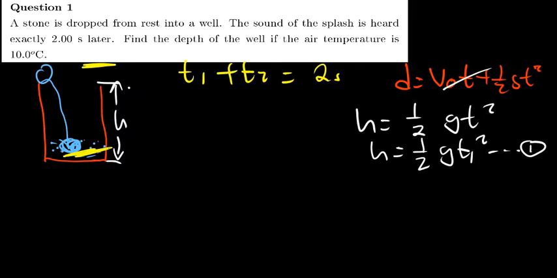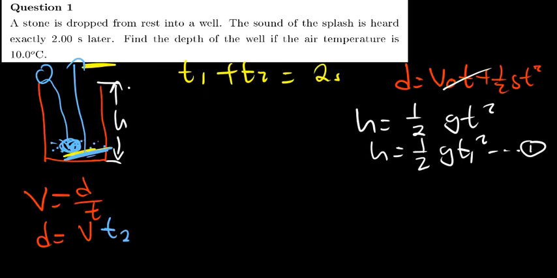Again, the speed of sound in this case, we do know that the velocity is given by distance over time. Now in this case, this distance is the h, and my goal is to make this h the subject of the formula. So d will be equal to v, the speed of sound in air, times T2. T2 is the time it takes for the sound to travel from this part here all the way up.